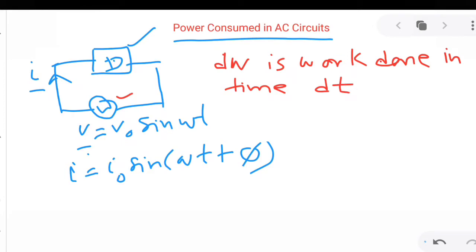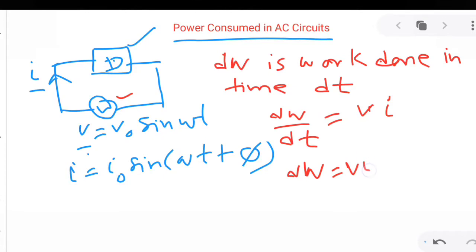Then I can write dW by dt, that is the rate of doing work, that is power. Power is a product of voltage and current, isn't it? So we have dW equal to VI dt.